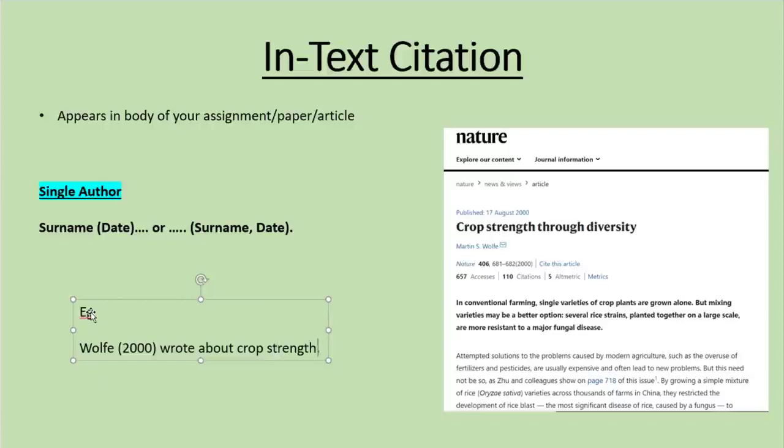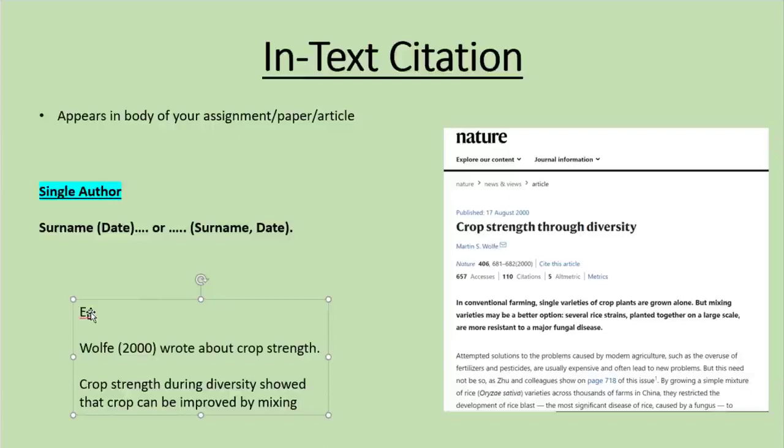So this is one of the ways you can cite, or what you can do is, crop strength during diversity showed that crop can be improved by mixing.